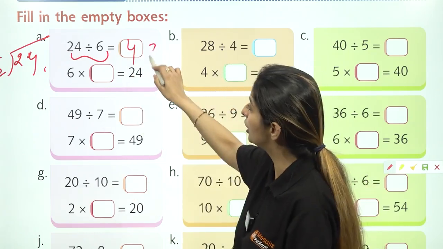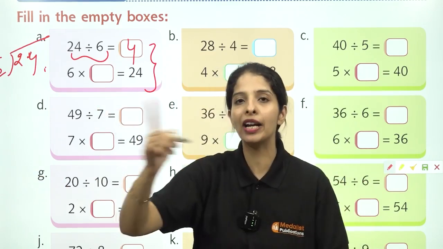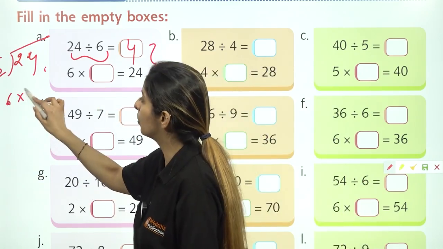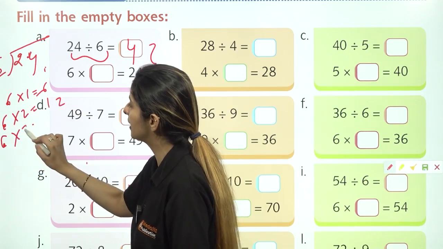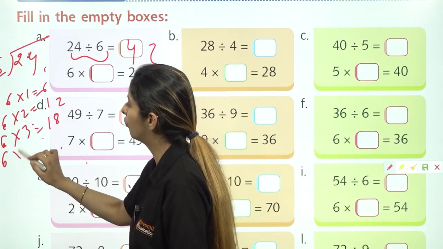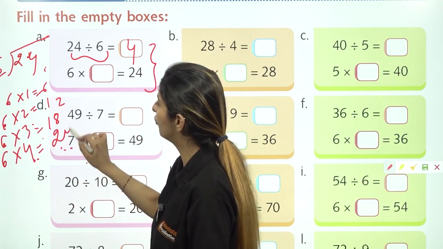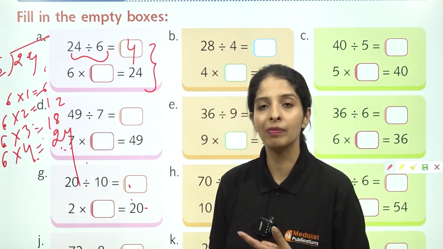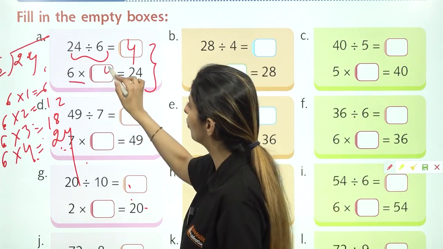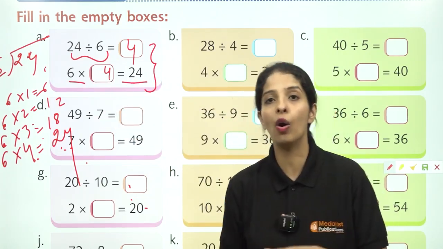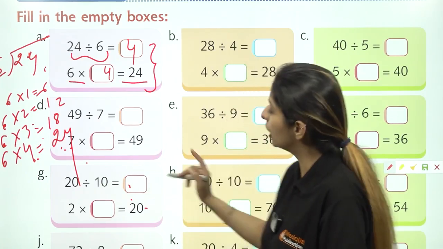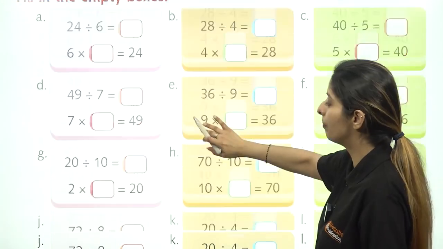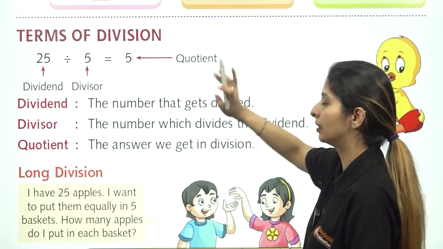Now how is it related to multiplication? 6 1s are 6, 6 2s are 12, 6 3s are 18, 6 4s are 24. So this is how we did the division. So 6 into 4 equals 24. This is how multiplication and division are interrelated. Based on that only, you have to solve the remaining questions in the exercise.